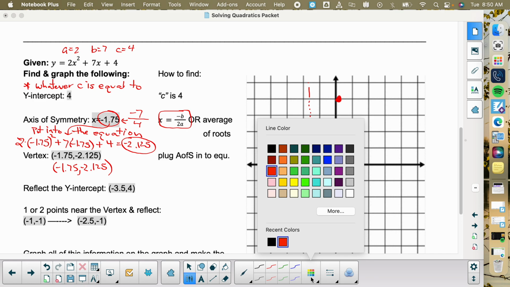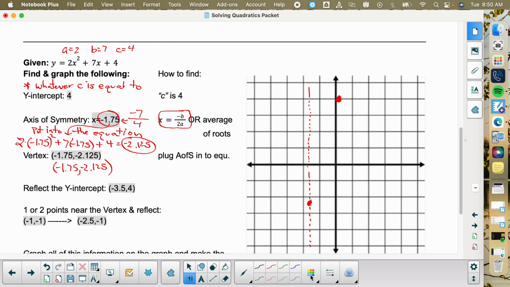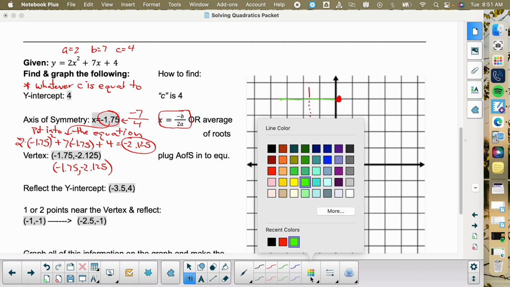So if I know that this is, what was it, 1.75, I'm going to have to go 1.75 the other direction and just estimate. I'm not looking for perfect spots.